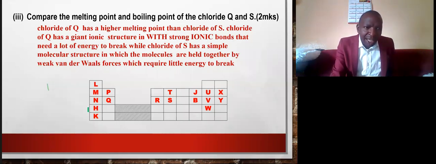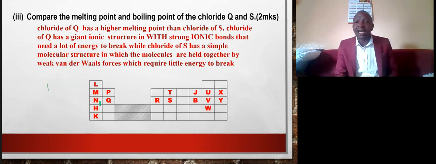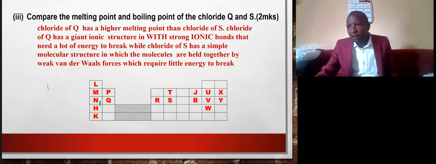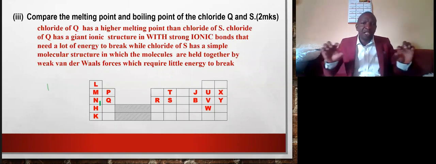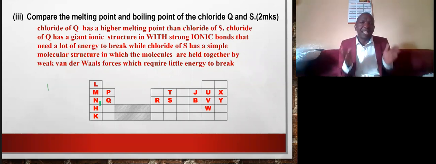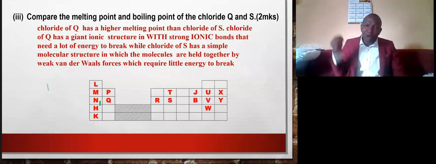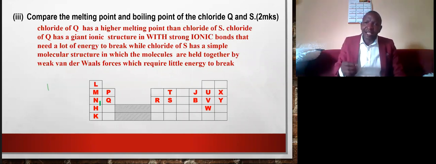Kama sayo kupewa H and N, which one has the higher melting point? We did that: N, because it has a smaller atomic radius. So if those elements are in the same group, you go for the atomic radius. The smaller the atomic radius, the stronger the metallic bond.